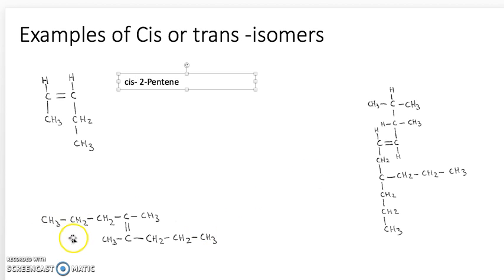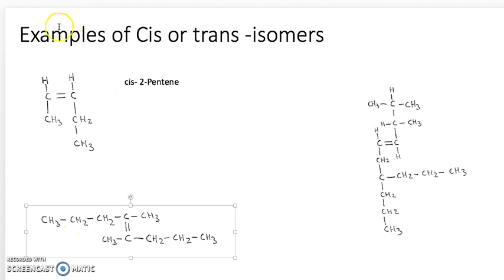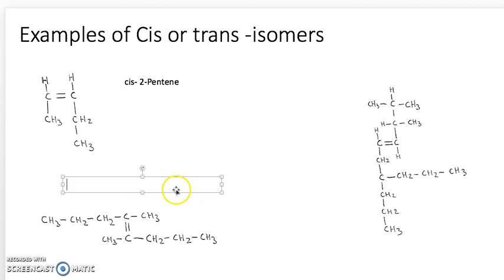Let's have a look at this more complicated one down here. This one we have 1, 2, 3, 4, 5, 6, 7, 8. So 8, that's octene.